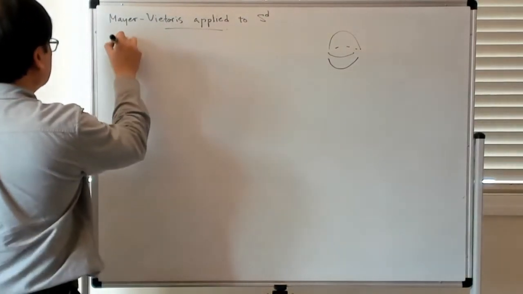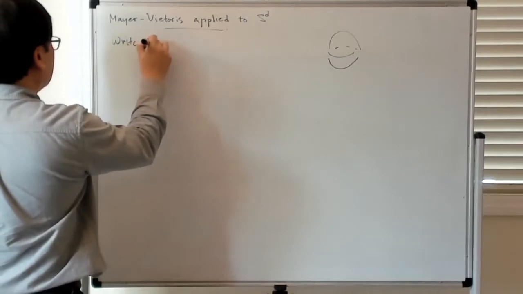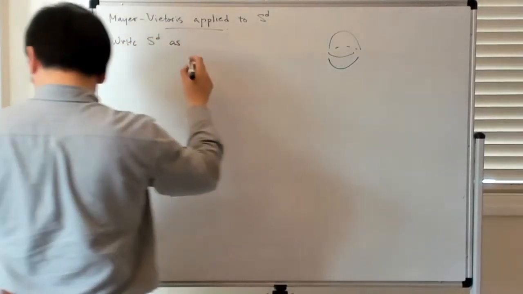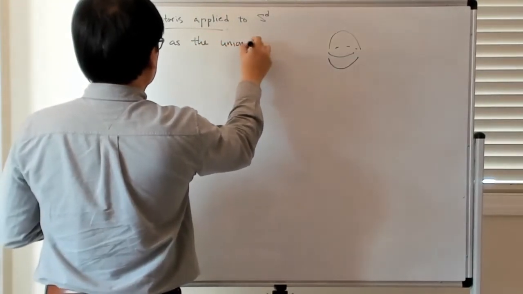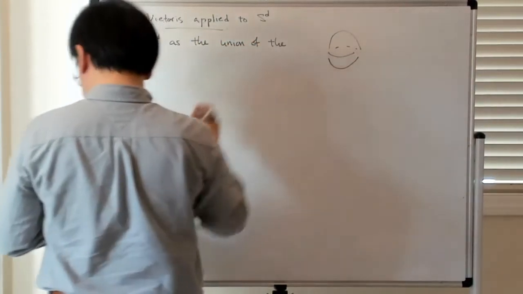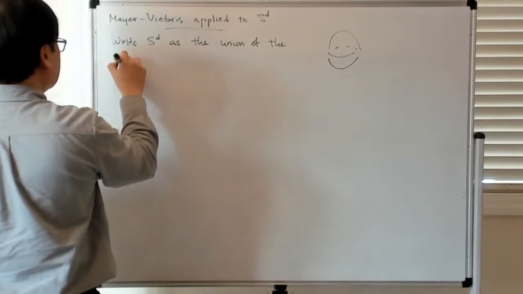So you write S^d as the union of the upper and lower hemispheres.